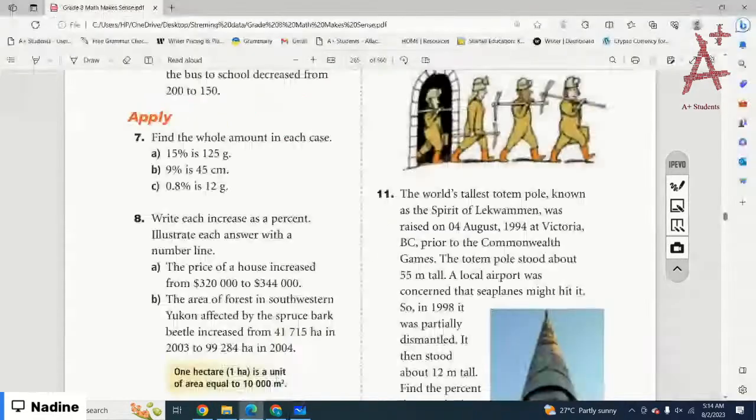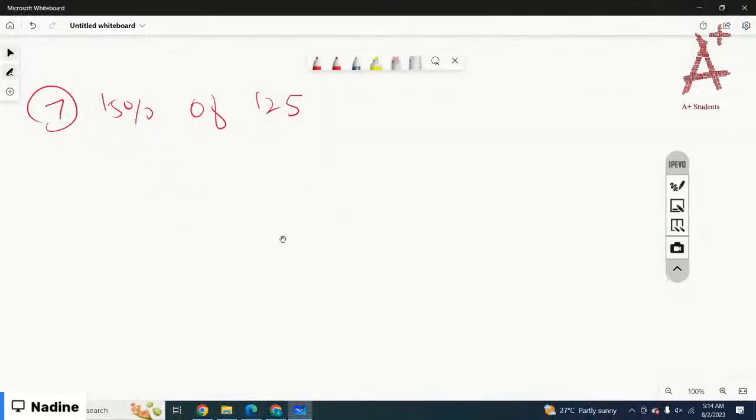15% is 125 grams, not 15% of. So you just calculate 1%, right? 15% is 125 grams.